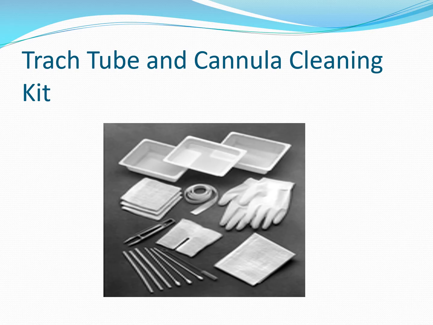On the very top of the image, you'll see 3 trays. One would basically be for gross cleaning, getting the gross contaminants and excessive mucus off of it, usually using a warm water or a saline bath.